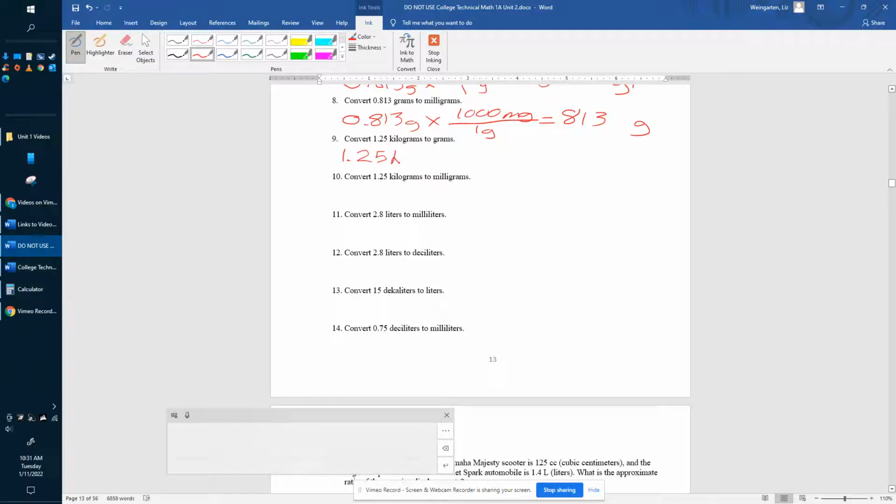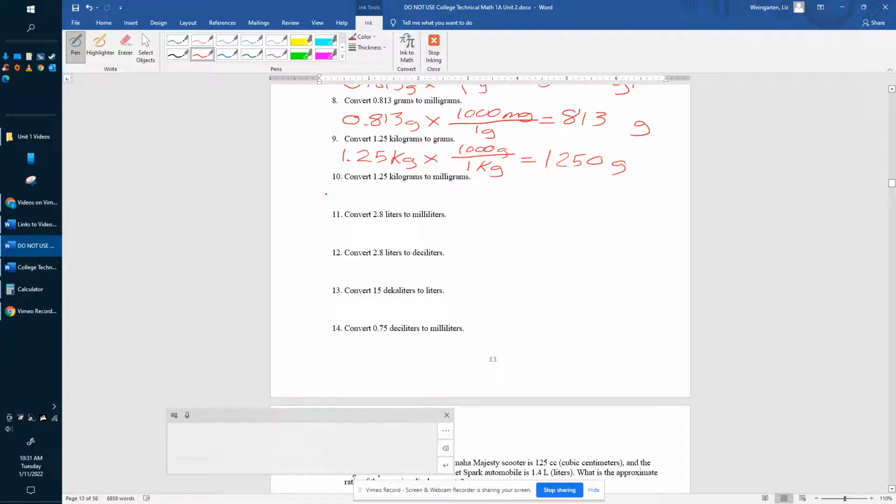So we have kilograms. We're going to convert it. We want kilograms on the bottom. How many grams are in a kilogram? There are 1,000. So we're going to multiply this by 1,000 and we will get 1,250 grams.